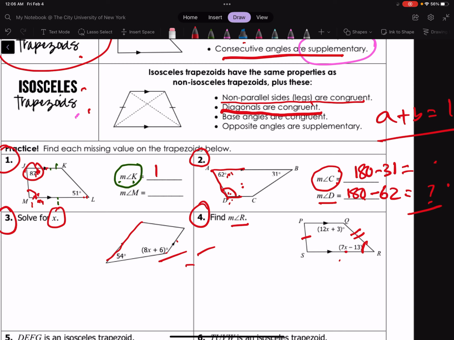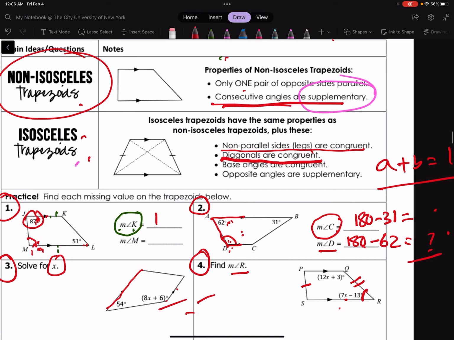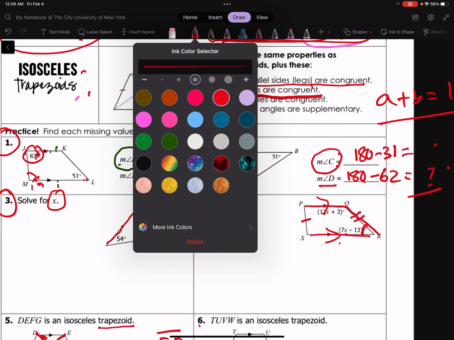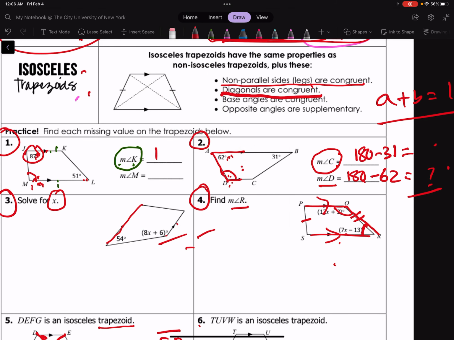I should look for whether I can form an equation. Since this is a non-isosceles trapezoid, try to find the consecutive angles. Consecutive angles are within these two parallel sides, and these are transversals, so obviously this angle goes with this one.